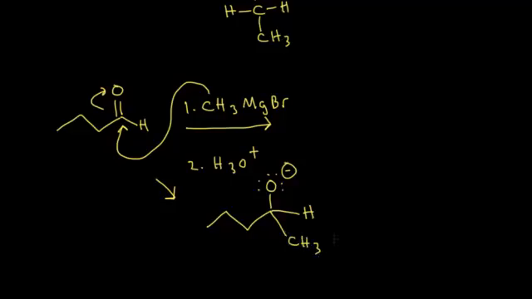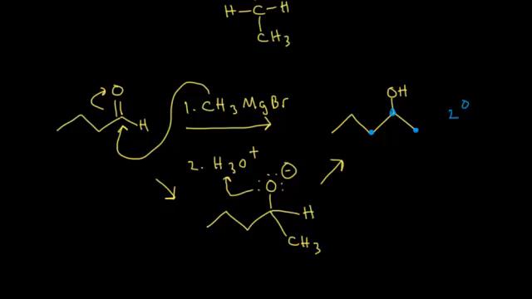So this CH3 at the bottom of our intermediate came from our Grignard reagent. And once again, acid-base chemistry to protonate the alkoxide will form our secondary alcohol, like that. So that would be the secondary alcohol that is produced from this reaction. Once again, this carbon is attached to two other carbons, making this a secondary alcohol.